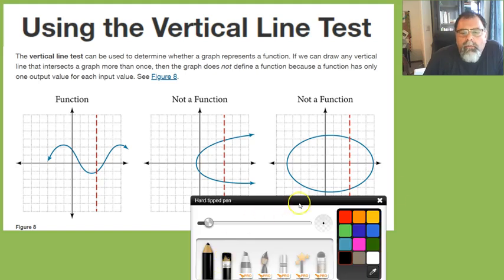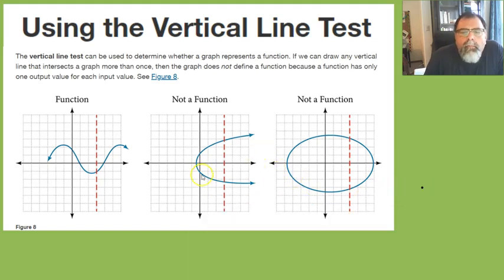So if you recall, this red vertical line represents, assuming all these grid marks are 1, so this would be 1, 2, 3, x equals 3. You can see that x equals 3 would have two different y values. If we were doing our arrow diagram, here's our domain, it would have two different y values.